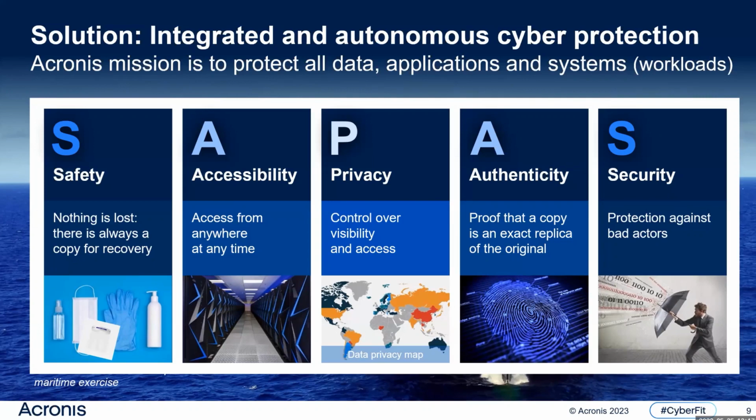So this ensures that data, applications, and systems are secured and easily accessible for smooth daily operations for businesses and organizations. Just consider how much we rely on data today. Our digital assets have never been more valuable. This means that we are dealing with more data and devices than ever before.